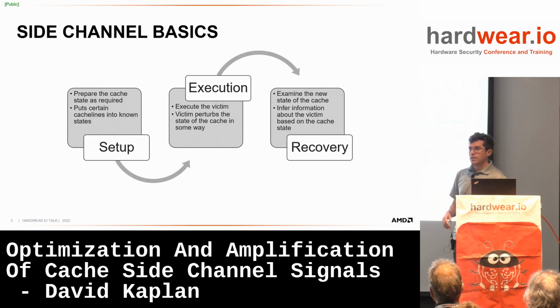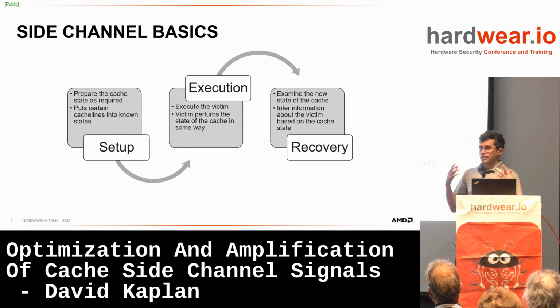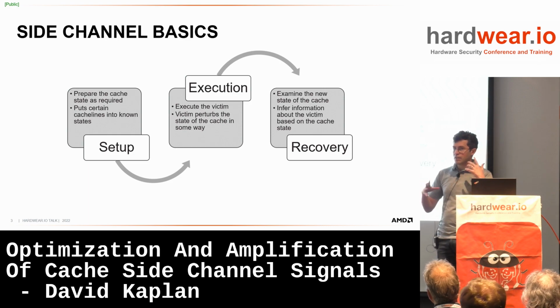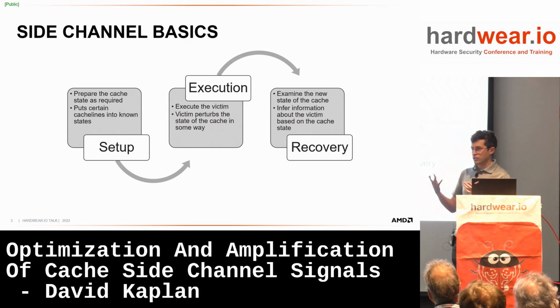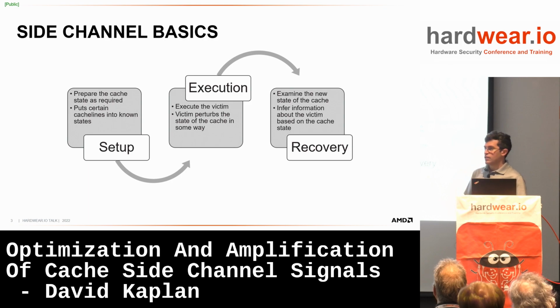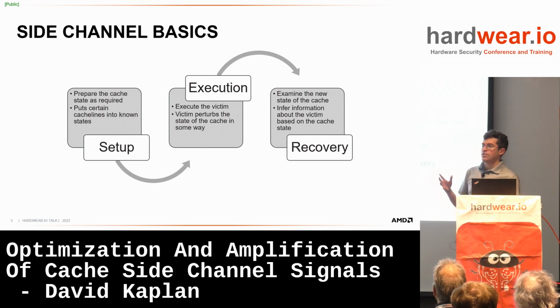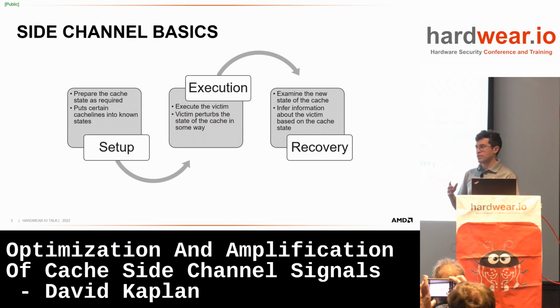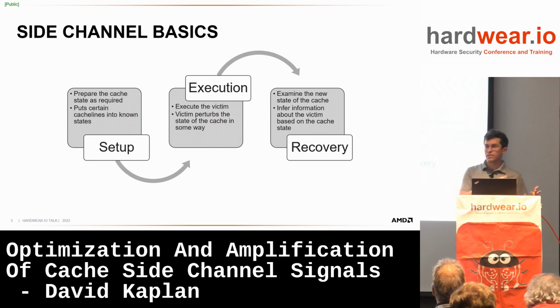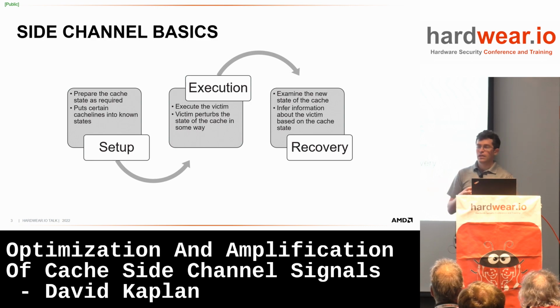All right, so today I'm going to be talking about cache side channels, but a different aspect than is usually presented at these types of things. If we think about basically any cache side channel at a 10,000 foot level, it has three general phases. First, there's a setup phase where the attacker puts some parts of the cache into a known state, either evicting some lines or bringing in some lines.